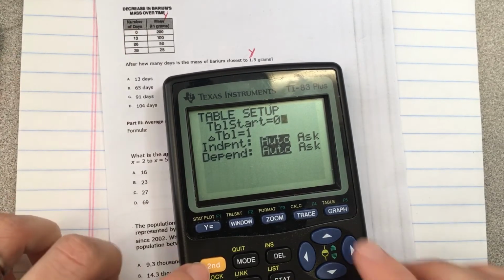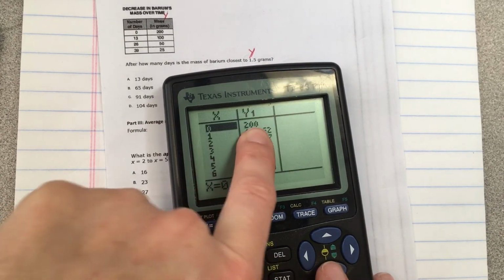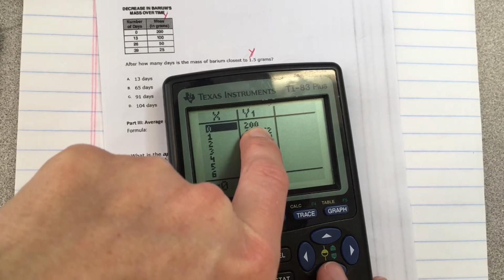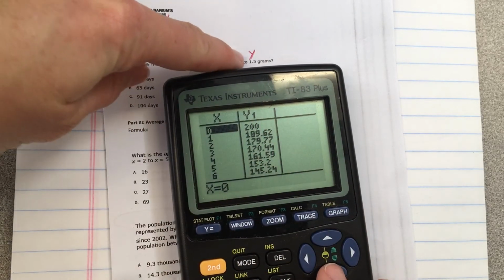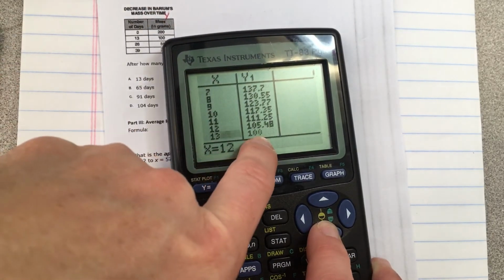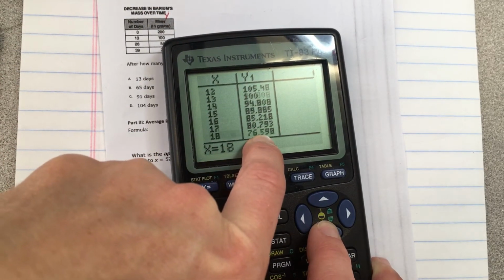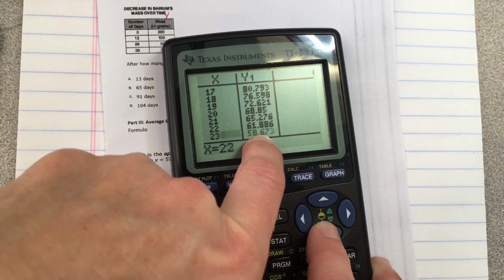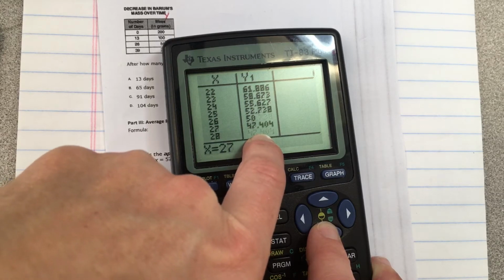So 0. Second graph. Is 200 my answer? No, I have to scroll down till I find 1.5 in the y column. So I'm looking for 1.5 in the y column. Well, it's not A.